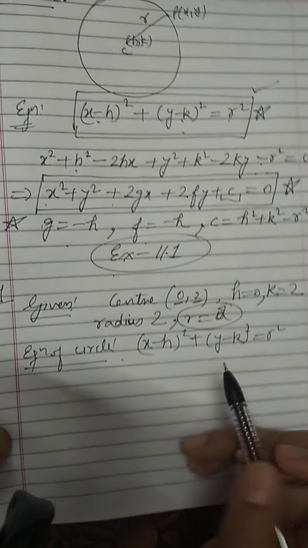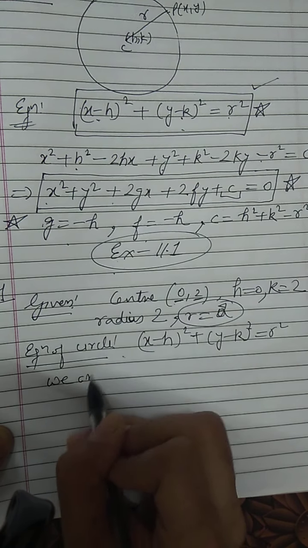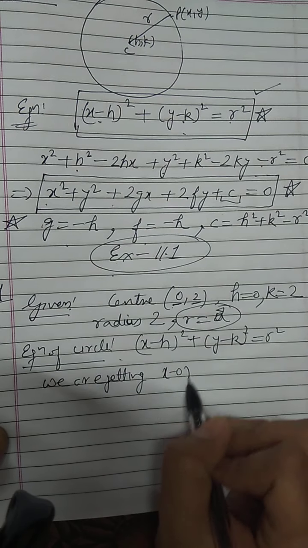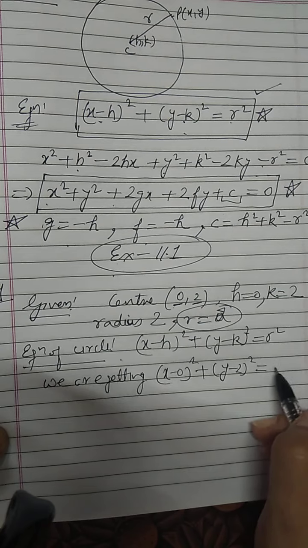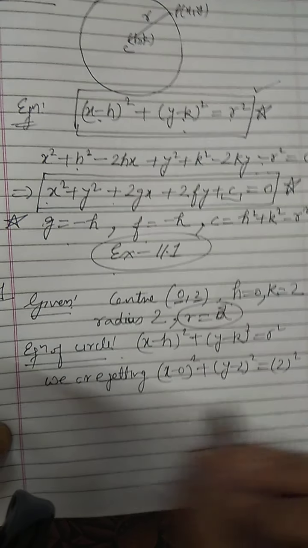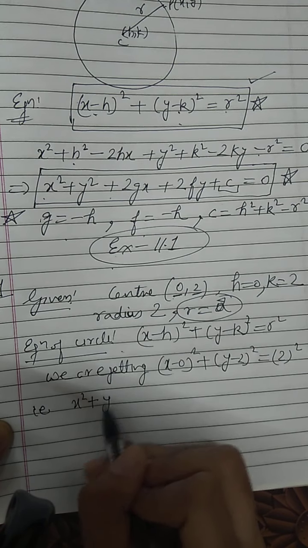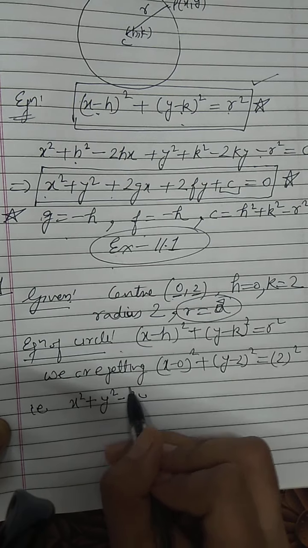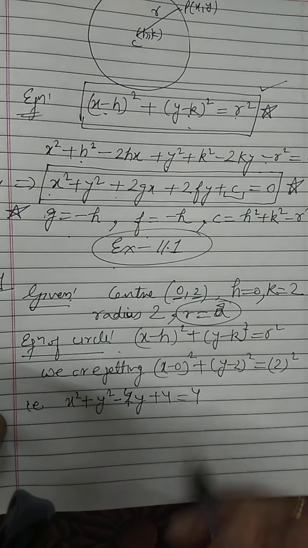If I write down all these values, the equation will become (x minus 0) square plus (y minus 2) square equals radius 2 square. So our equation will become x square plus y square minus 4y plus 4 equals 4.